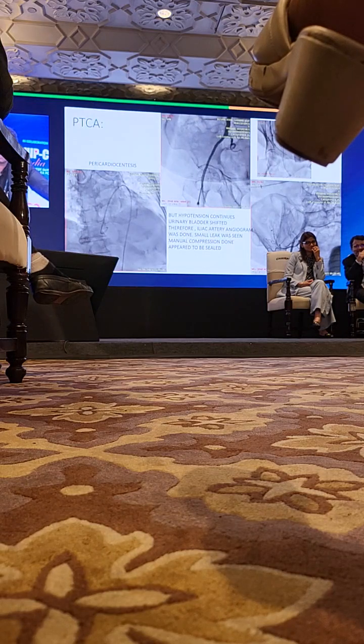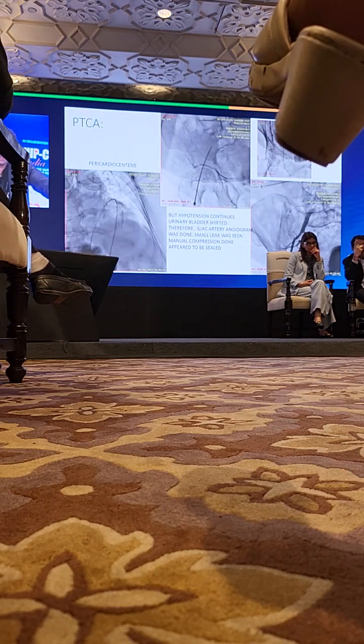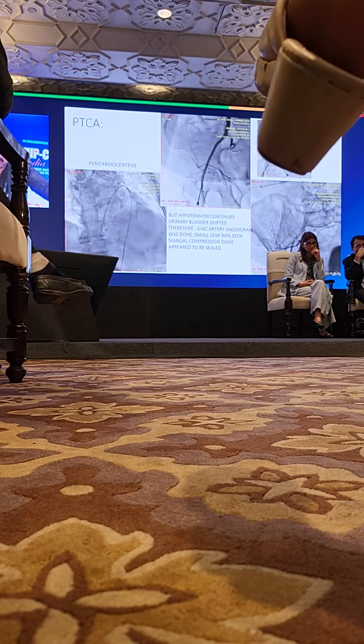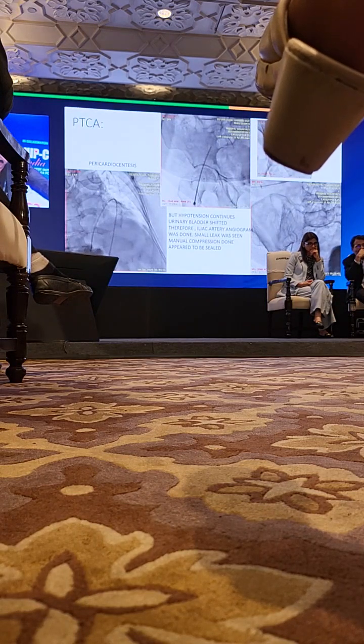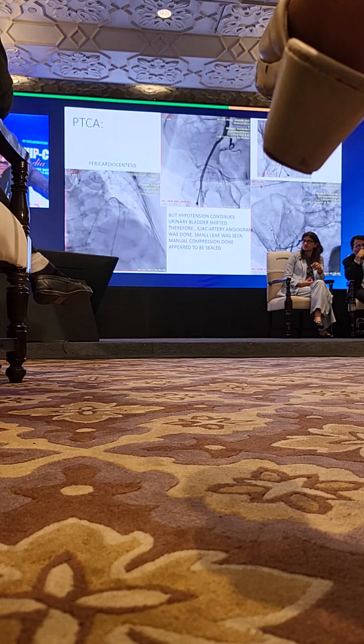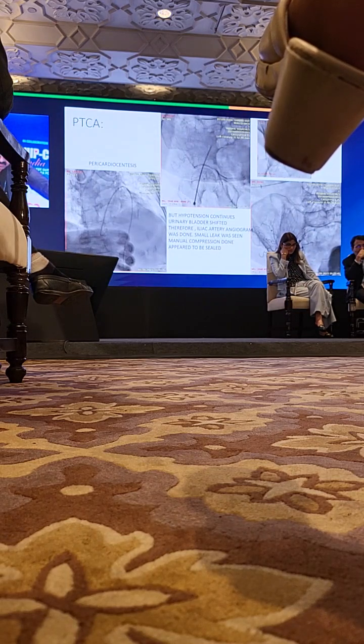So there was some suggestion that while doing that temporary pacemaker, maybe he hit an artery and maybe there is a perforation. The patient is already on high grade anticoagulation, so that might be the reason for the hypotension. So what was done was the sheath was pulled back, and then manual compression was done.